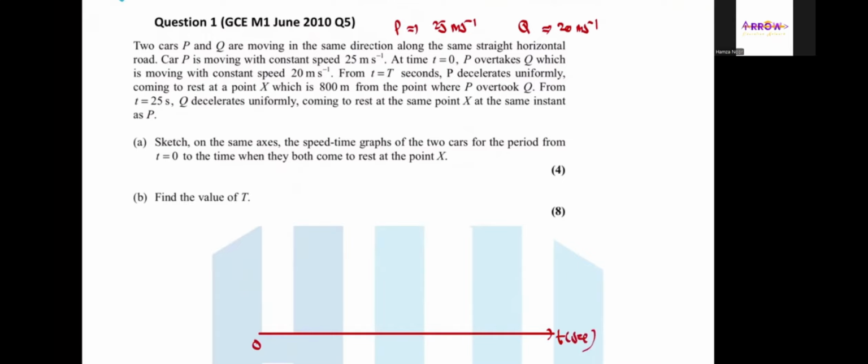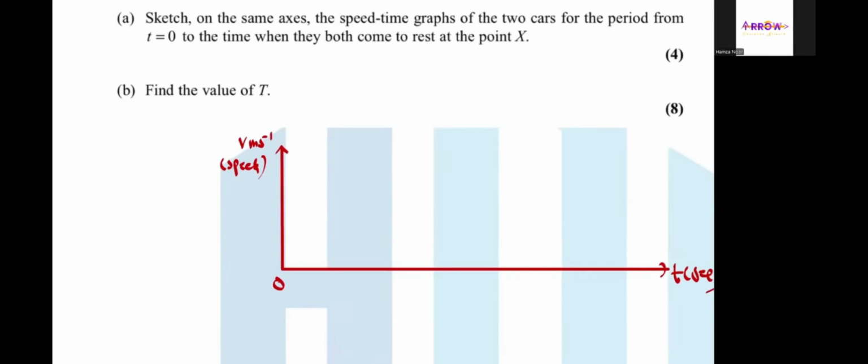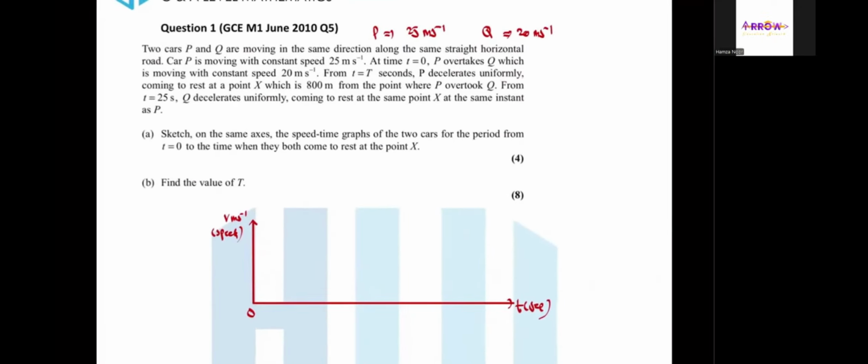This is the origin, and this is the vertical axis. So this is v meter per second, or you can simply say speed as well, because this is a speed time graph.